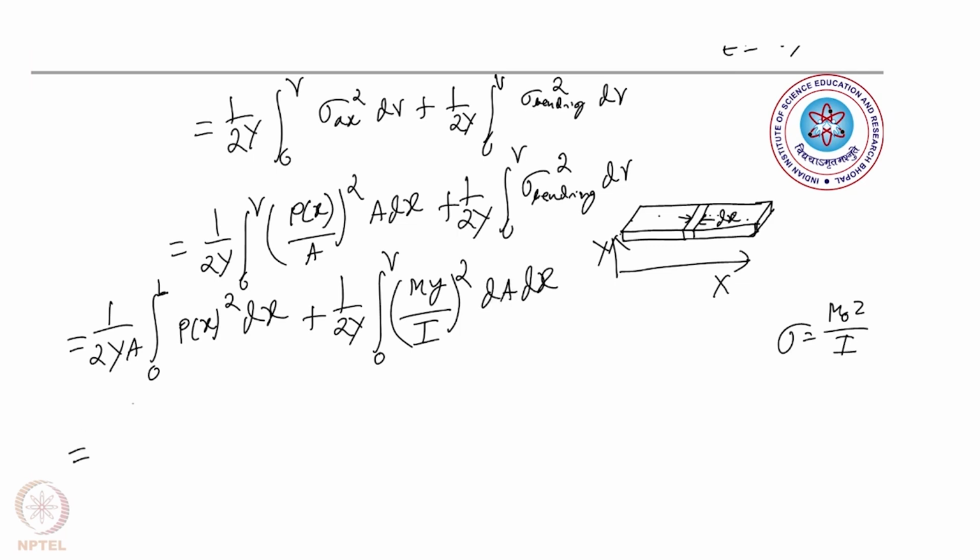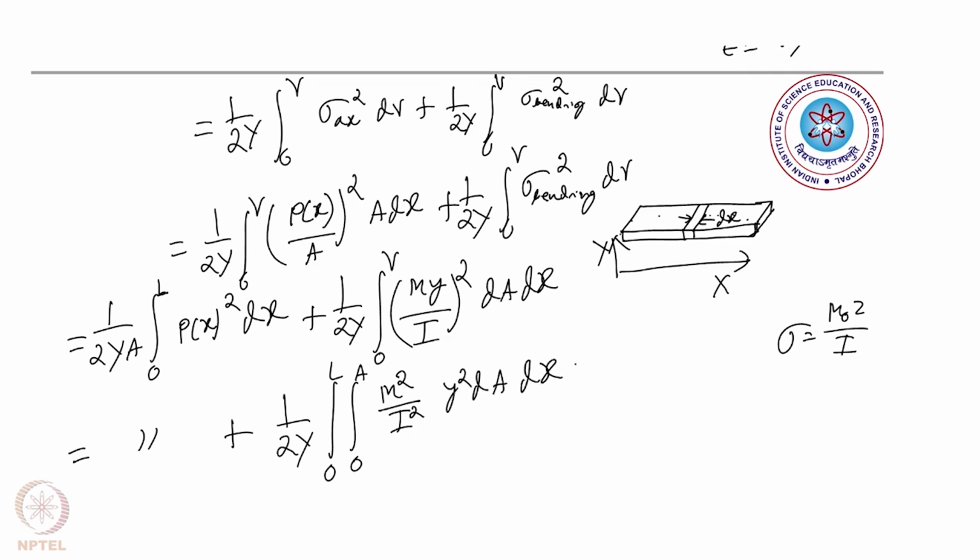Now this part is the same, I keep it like that, and in this part 1 by 2Y, this volume integral I can break into two parts. One is a line integral 0 to L and another is a surface integral 0 to A, okay. And then we have M square by I square y square dA into dx.